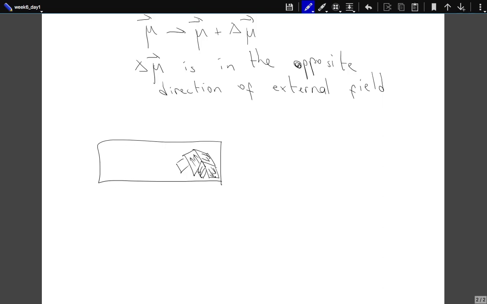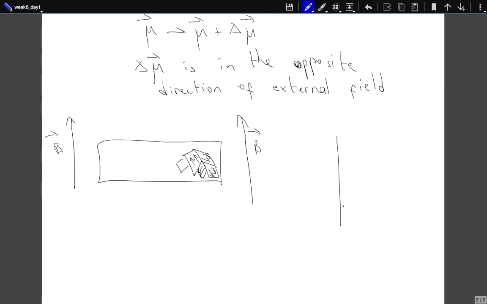What you do is you take such a material and put it in an external magnetic field, and this external magnetic field causes the domains which are aligned with the external field to grow. And the domains that are not aligned with the external field just reduce in size. So the total magnetization is enhanced.